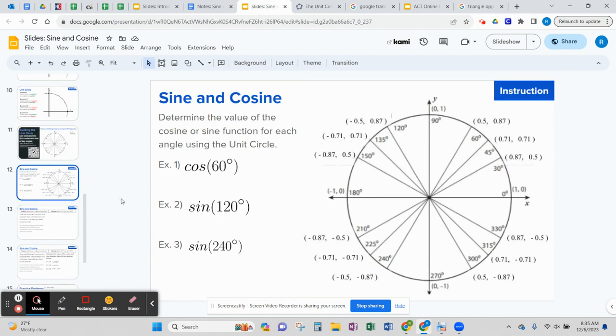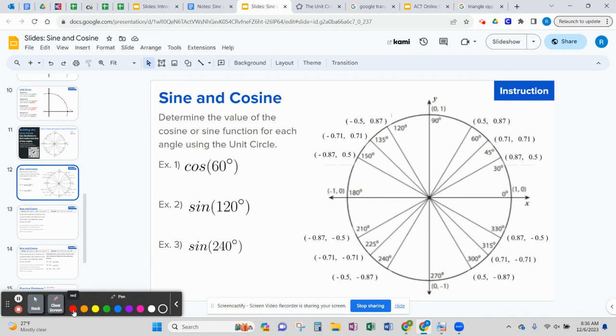So once we have our unit circle completed, we can actually use this to determine values of cosine and sine. In Math 4 and Pre-Calc, you're probably going to have these memorized as different square root values, but for now, we can just focus on the decimals.